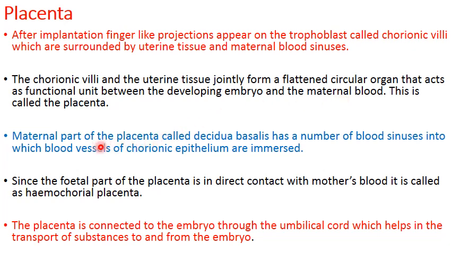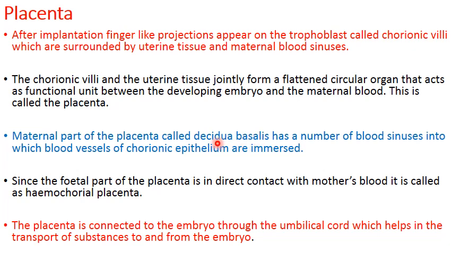The maternal part of the placenta, called the decidua basalis, has a number of blood sinuses in which the blood vessels of the chorionic epithelium are immersed, and that is the part of the placenta next to the trophoblast.